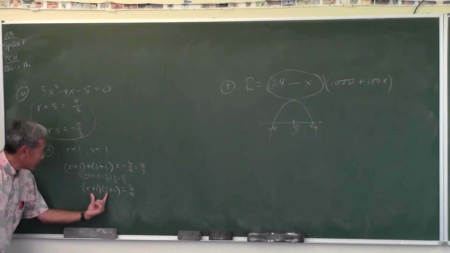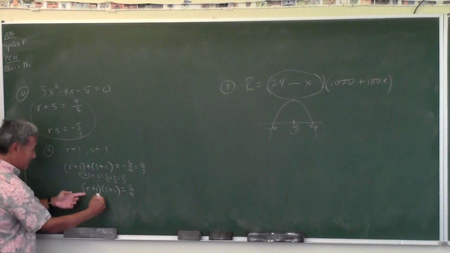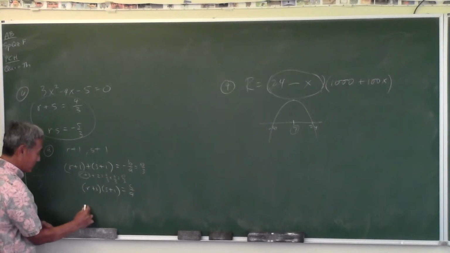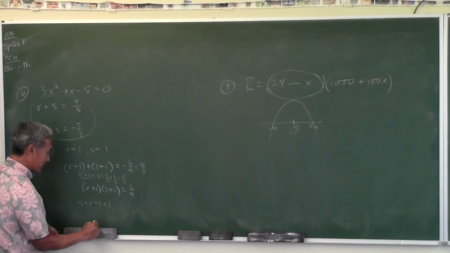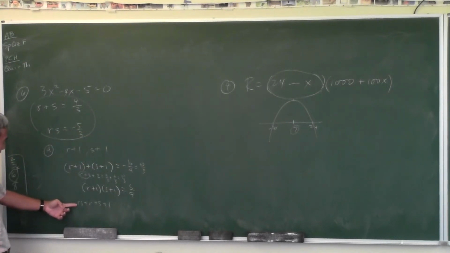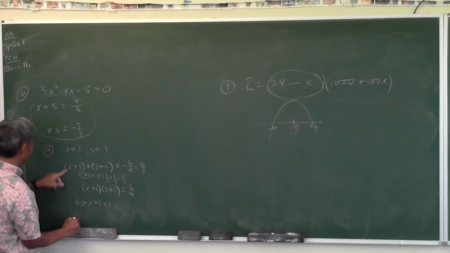Now, is there a way to figure this out based on these two things here? Yeah, let's try multiplying it out. Go. rs plus r plus s plus 1. Is there a way to figure out what this number is based on these two things here? You bet your bippy, there it is. What is r times s? Right there, look.